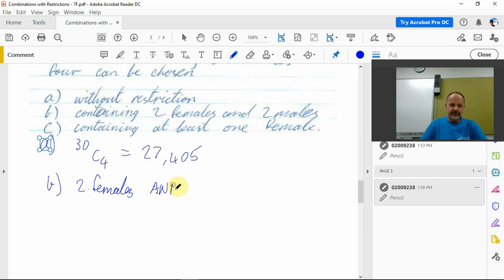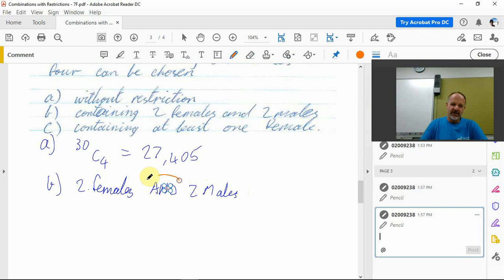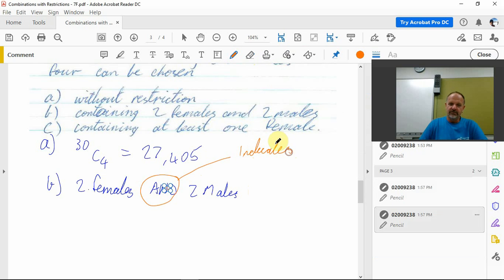I've highlighted that word "and" by making it bold, because the word "and," when it comes to this sort of stuff, and for probability, indicates multiplication.